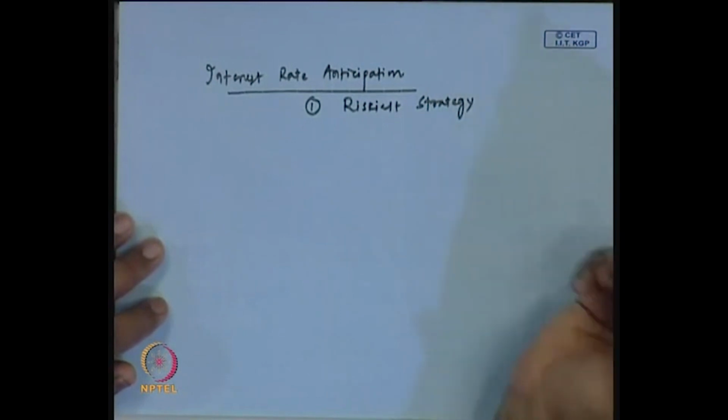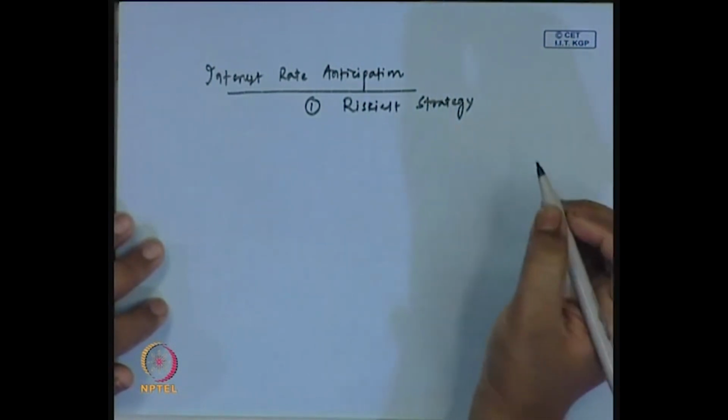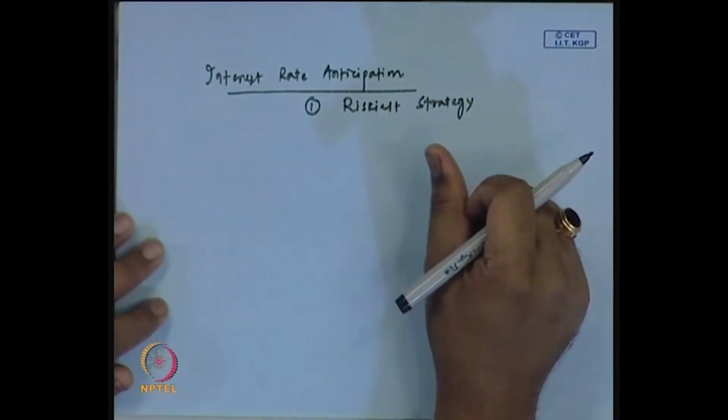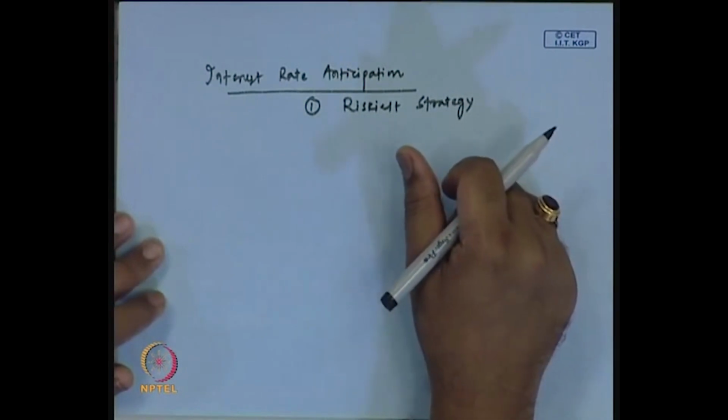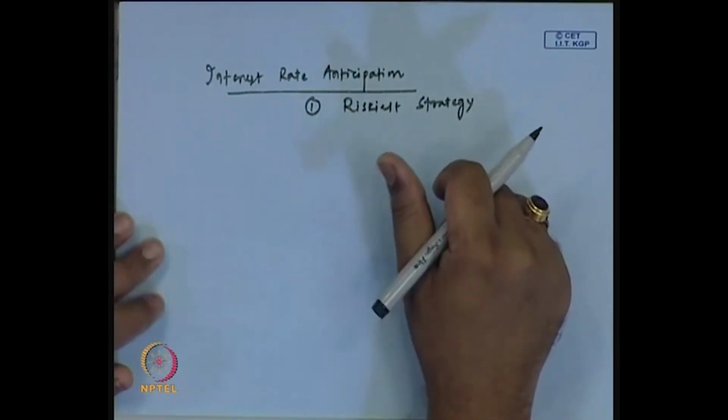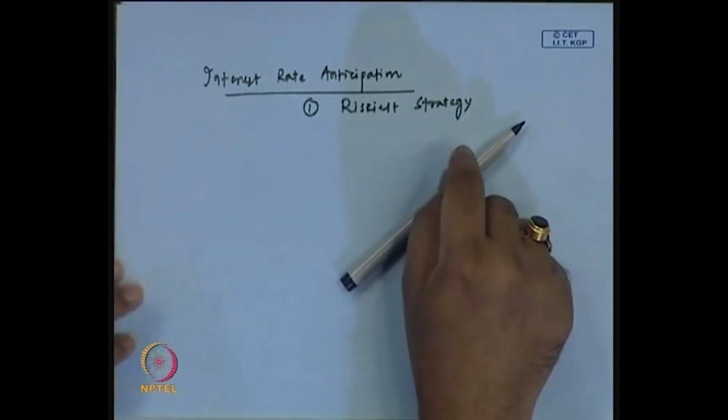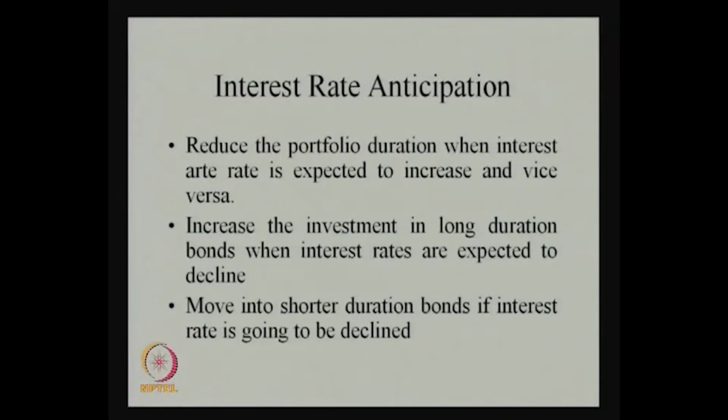What this strategy says is: reduce the portfolio duration when the interest rate is expected to increase, and vice versa.